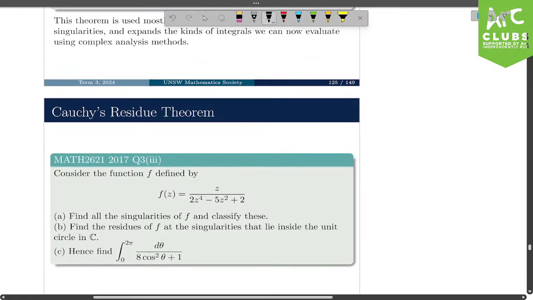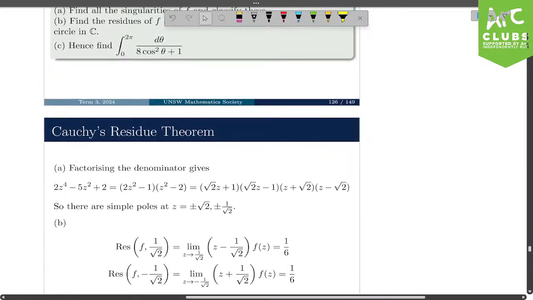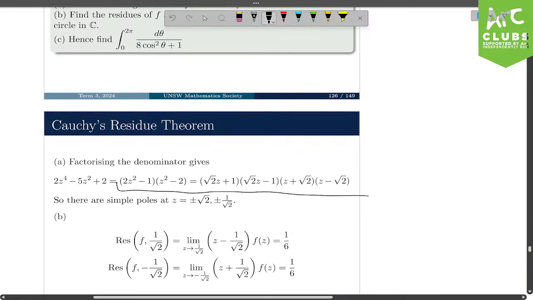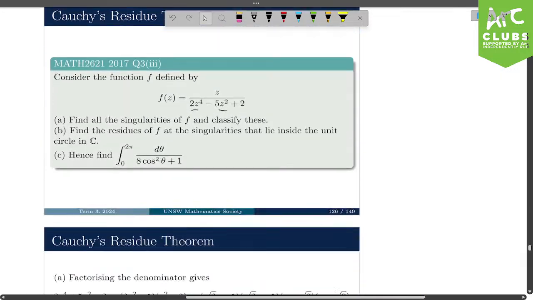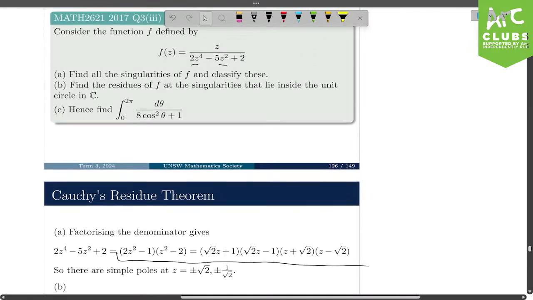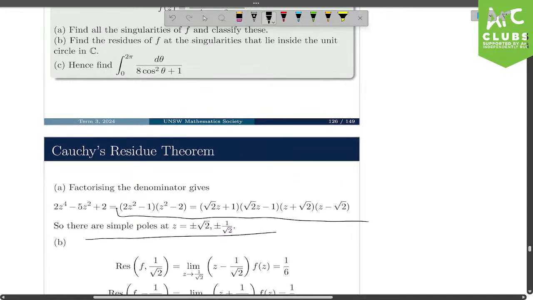So first things first, classify singularities. Well, I see a zero of degree 1 at 0, but there are no zeros in the denominator, so no removable singularities. We're just going to be looking at poles, okay? Factor it with respect to z squared first, and then factor that further. Yep, all of them are simple poles, okay?